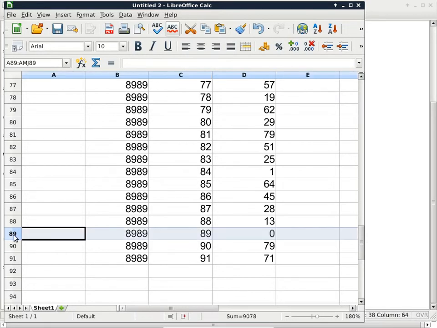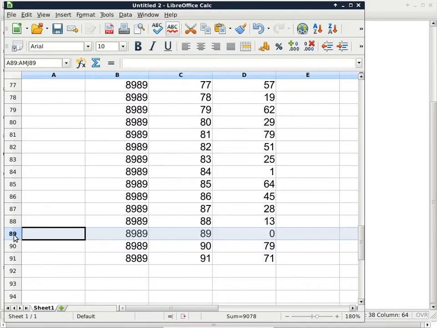But in any type of number, as long as the product itself is greater than or equal to 1, if it is a product of 2 numbers, one of those 2 numbers has to be less than or equal to the square root of the product. Okay, let me spell it out in a different way. In this case, 8989 is less than or equal to the square root of 8989 itself.